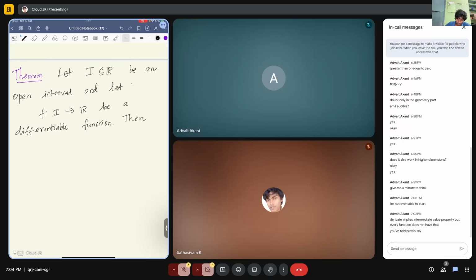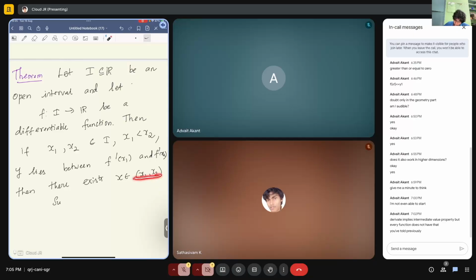Then, I'm just writing the intermediate value property here, nothing much: if x1 and x2 belong to I with x1 less than x2, and y lies between f prime of x1 and f prime of x2, then there exists x belonging to the interval (x1, x2), this is not a tuple, this is an interval, such that f prime of x is equal to y.